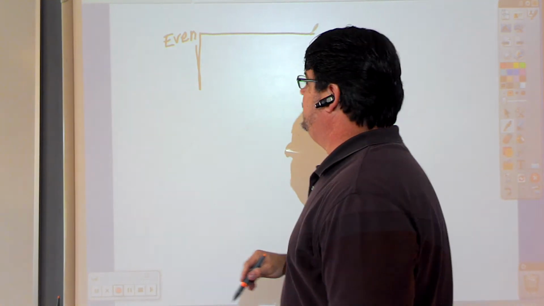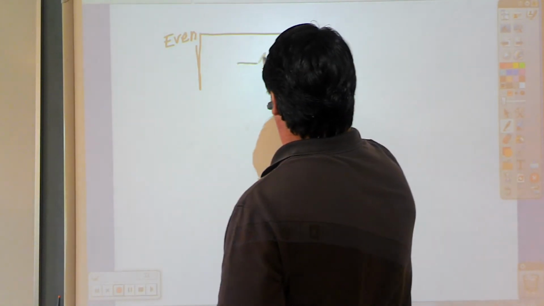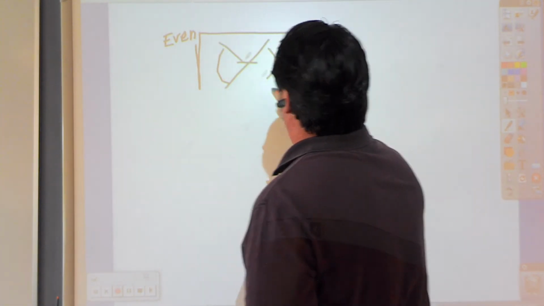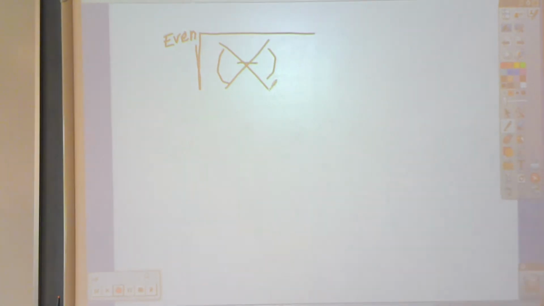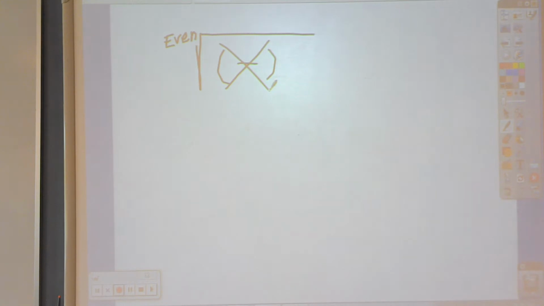Even index, you cannot have a negative in the even index. You need to write that down. So it's not a negative exponent. You can't have a negative what? Negative under the radical.